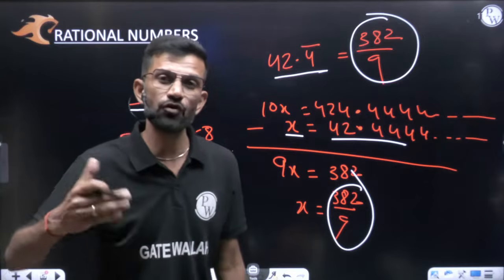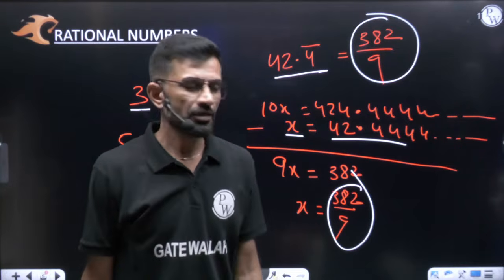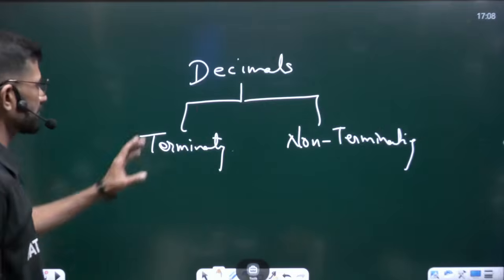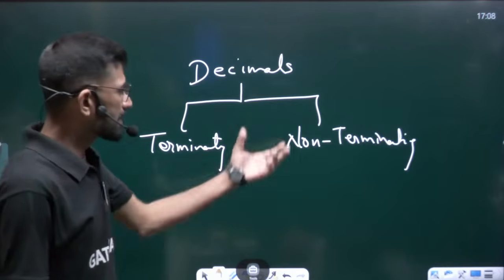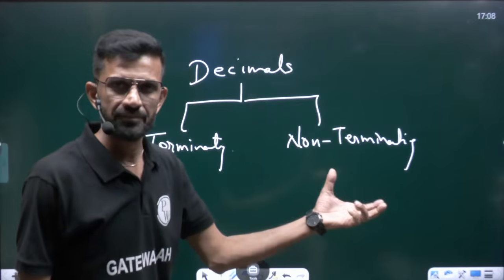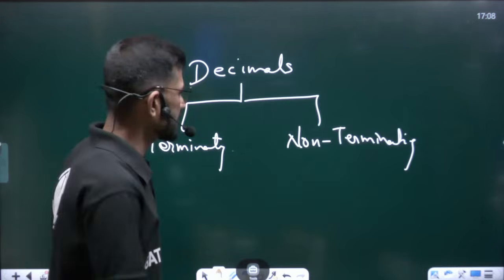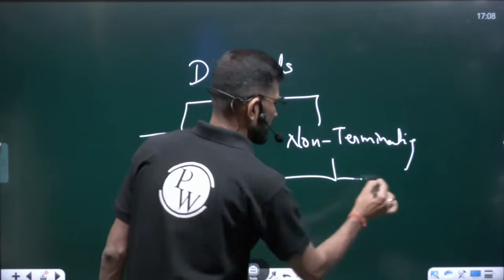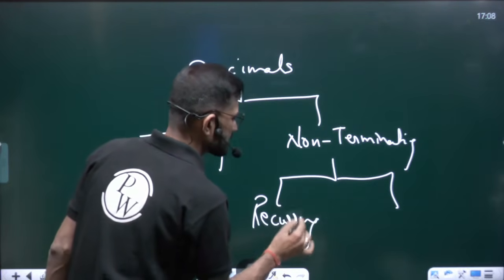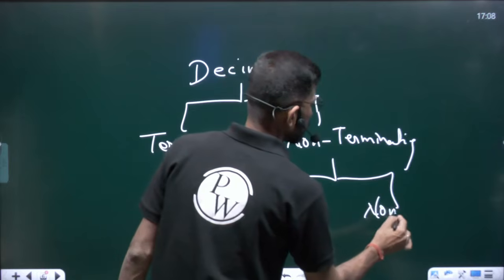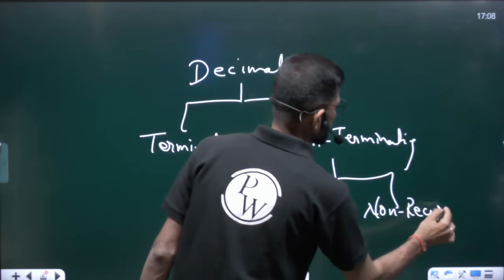The ending is not coming; 4444 goes on. So decimals are of two varieties: terminating and non-terminating. The non-terminating decimals are again of two varieties. One we call recurring or repeating decimals. Another we call non-recurring or non-repeating decimals.